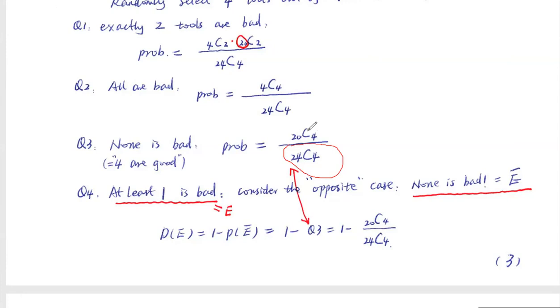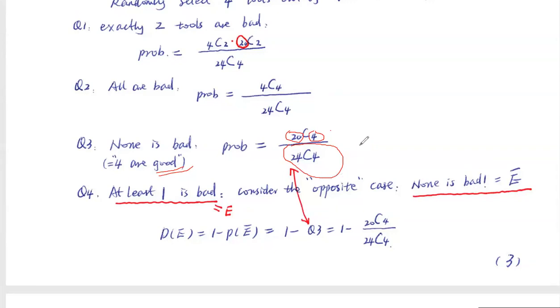Now we want to select those 4, and they are all coming from the good ones. So how many good ones do we have? We have 20. Do we have to continue? No, that's good enough because we already have 4. Follow me? Right, so that's the answer.